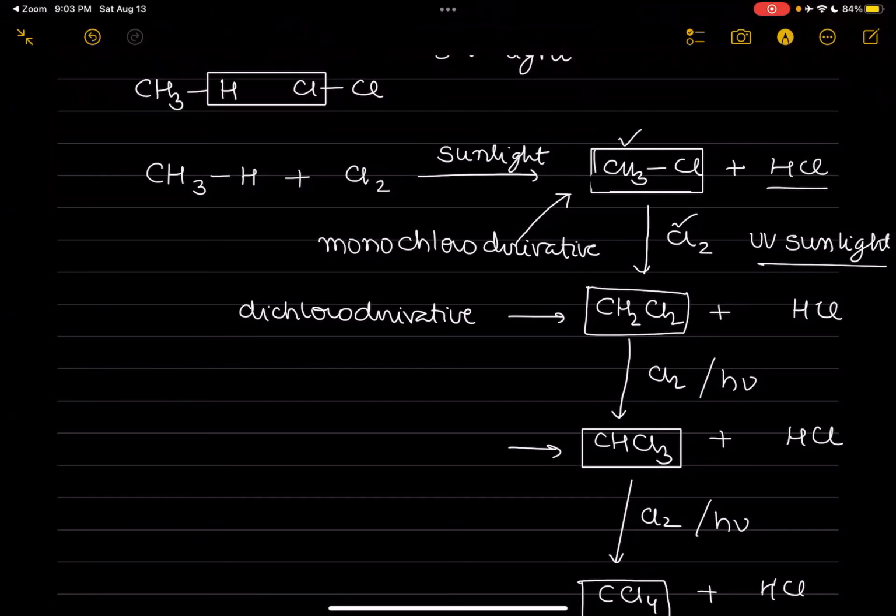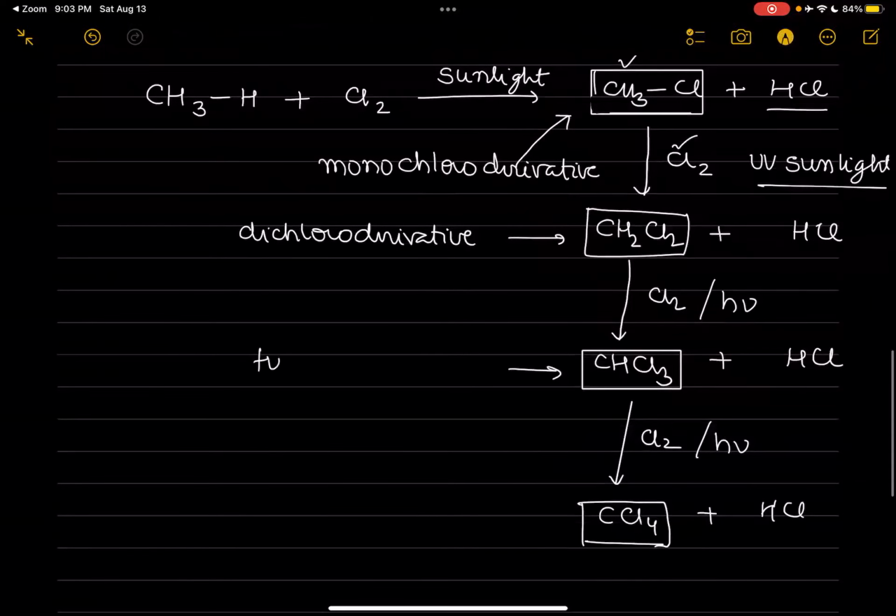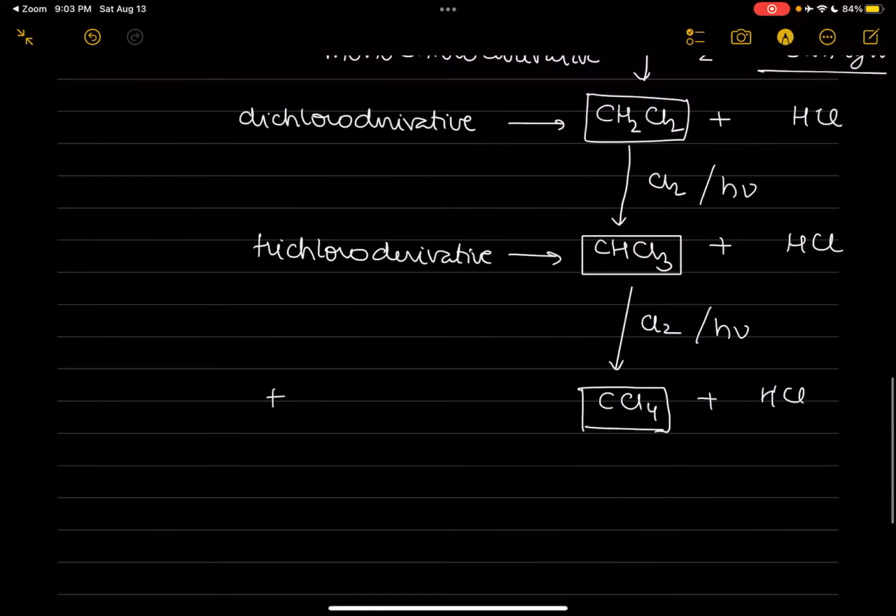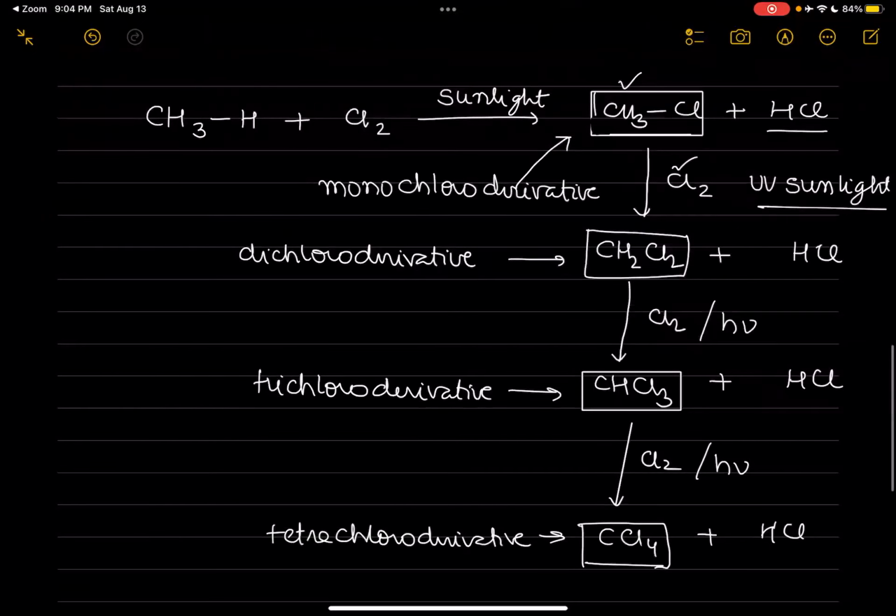This is the trichloro derivative if you have put 3 Cl by removing 3 hydrogen atoms. And this is the tetrachloro derivative, means you have put 4 Cl groups in place of hydrogen. Right? Clear? Yes.